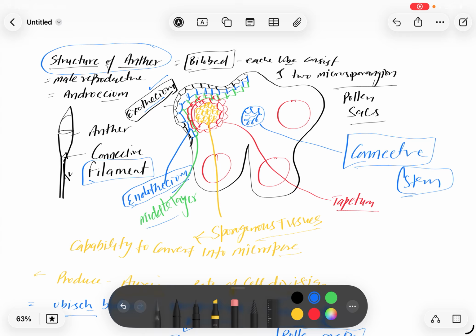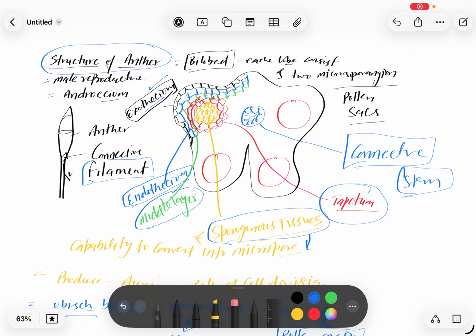Inside this endothecium, another layer is known as the middle layer, and below this middle layer, an amoeboidal multinucleate layer is present, which is known as tapetum. And inside this tapetum, a mass of cells is filled up, which is known as sporogenous tissue. These sporogenous tissues further develop into microspores, and this is all about the structure of anther.